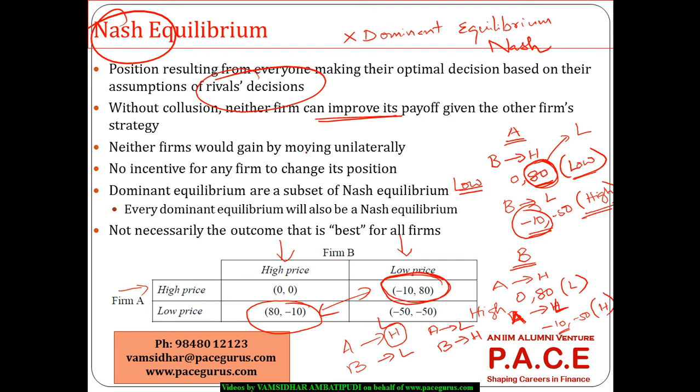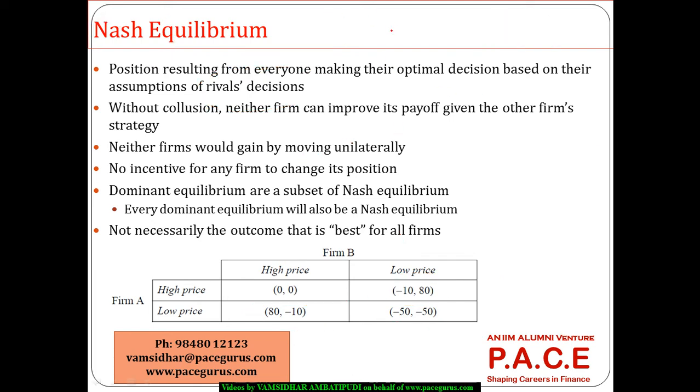That kind of an equilibrium we call a Nash equilibrium, which means whatever is the dominant equilibrium, it's always a subset of Nash equilibrium. All dominant equilibriums are Nash equilibriums, but it need not be the case that all Nash equilibriums are dominant equilibriums.